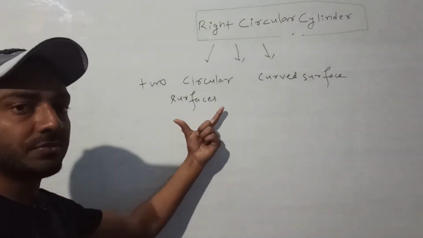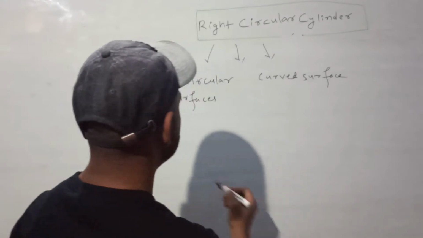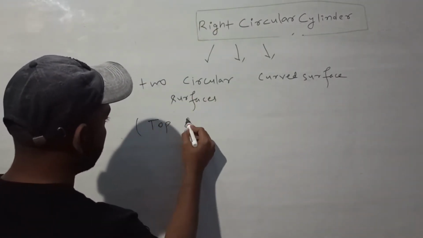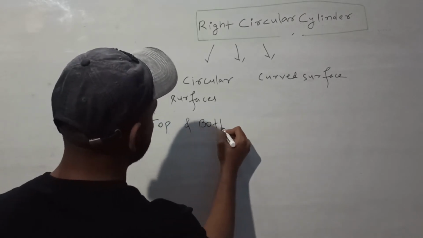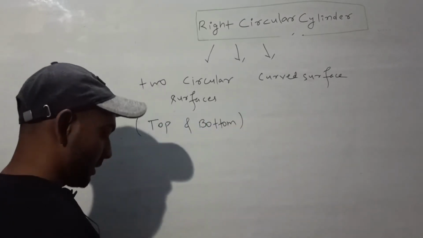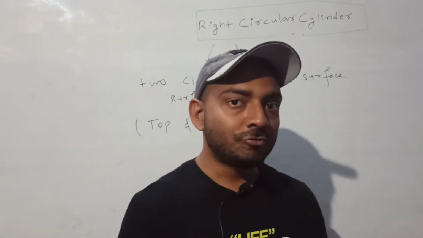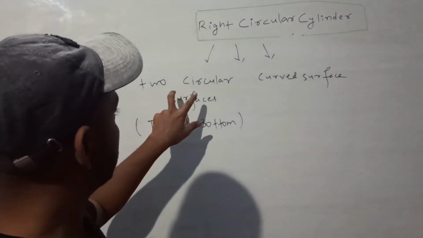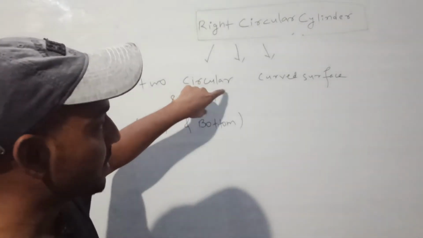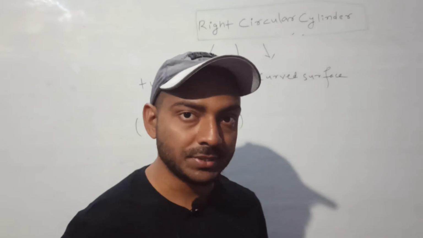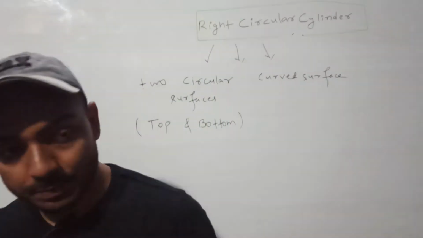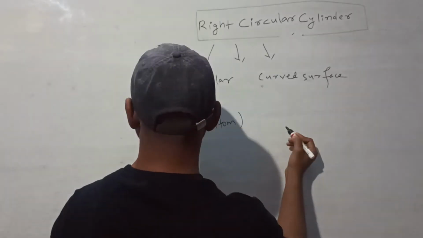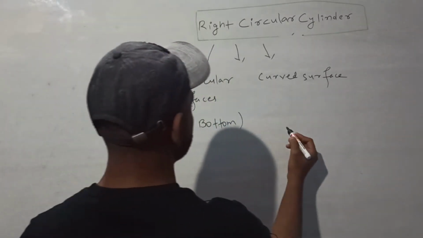The two circular surfaces comprise the top and the bottom of the right circular cylinder. So, to find the total surface area of a right circular cylinder, we have to find the total area of the circular surfaces and the area of the curved surface. Now, I am going to draw this figure before you.